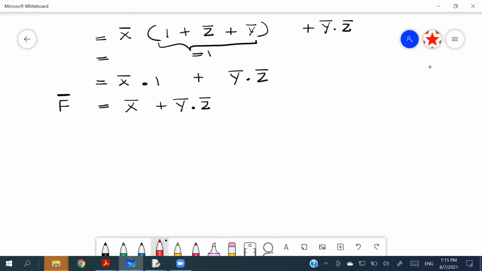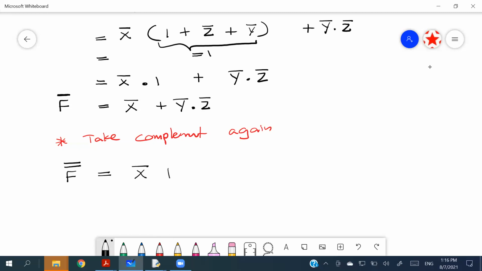So now what you have to do is take complement again. So taking complement again will make this f double bar and we'll make this x bar plus y bar dot z bar, another bar.